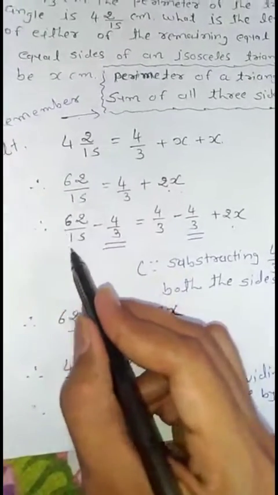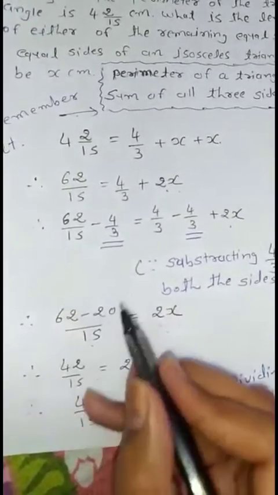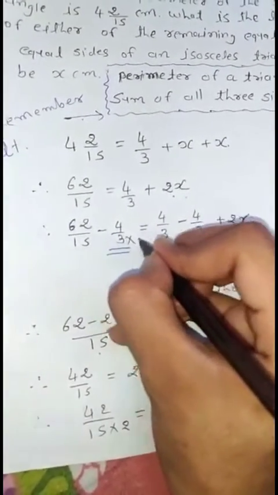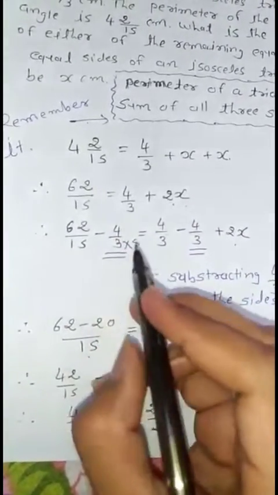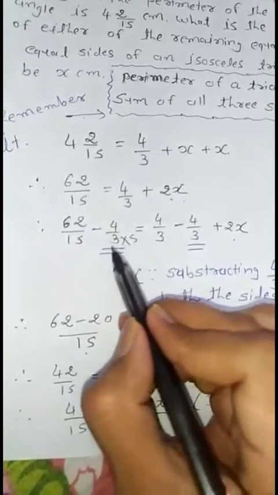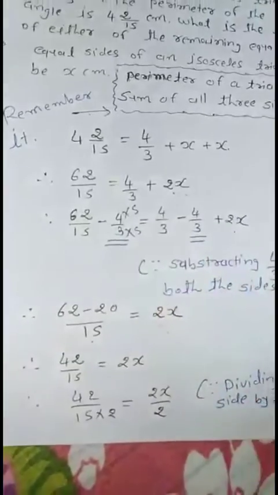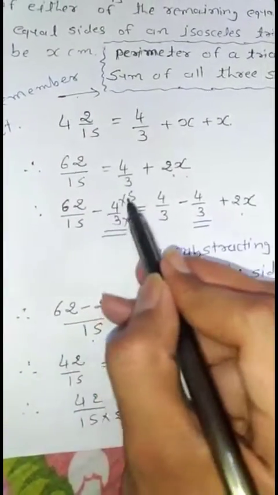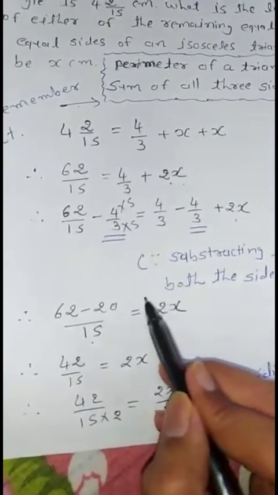The LCM of 15 and 3 is 15, since 3 fives are 15. So 3 multiplied by 5, and here also I multiply 5 with 4. So 62 minus 20 upon 15 is equal to 2x.